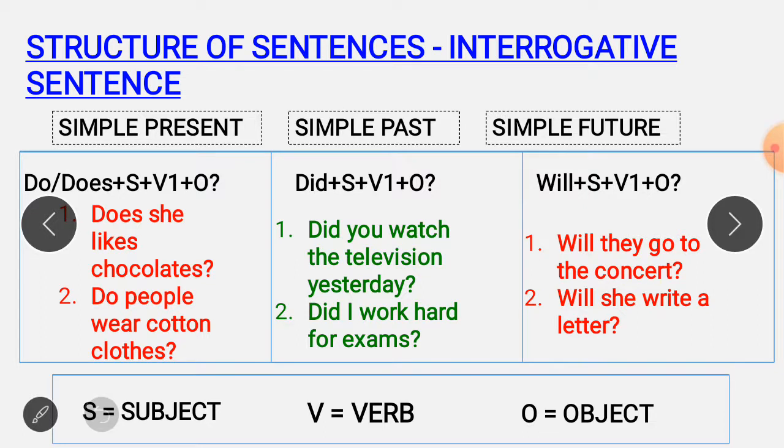Then there is simple future. The structure for this is will plus subject, followed by the verb in its base form plus the object with the question mark. For example, will they go to the concert? Will she write a letter?